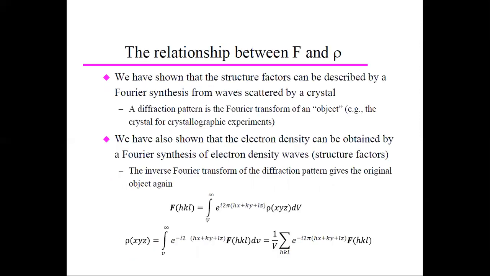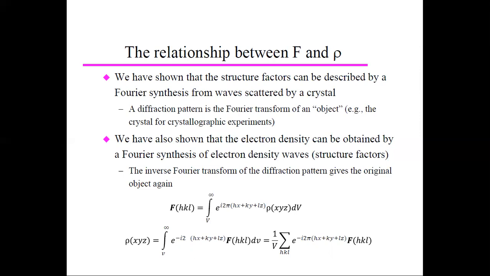Similarly, the relation between F and rho is the Fourier transformation and the electron density. We have shown that the structure factor can be described by a Fourier synthesis from the waves scattered by the crystal. A diffraction pattern is a Fourier transform of an object.